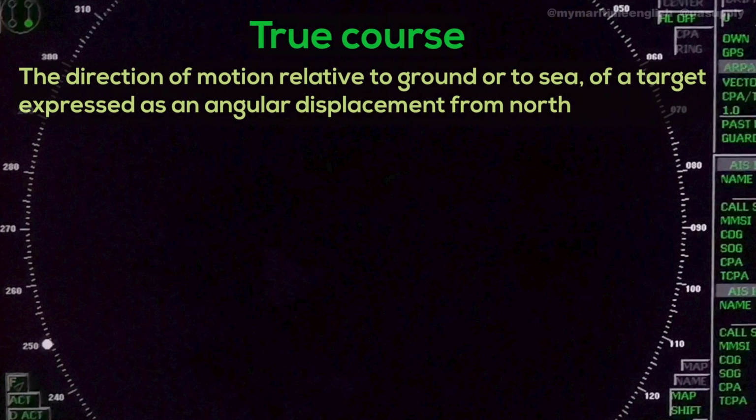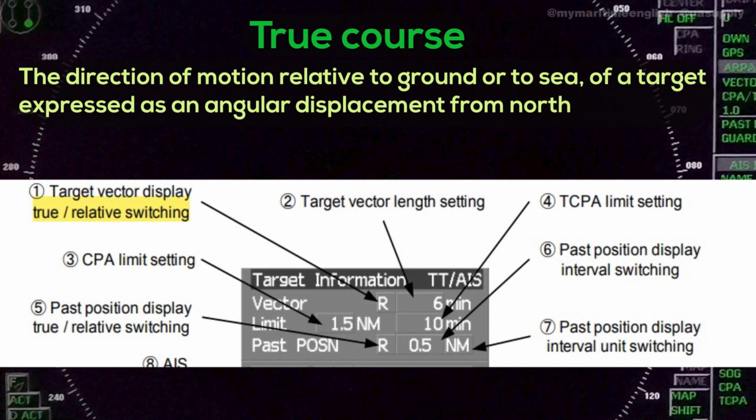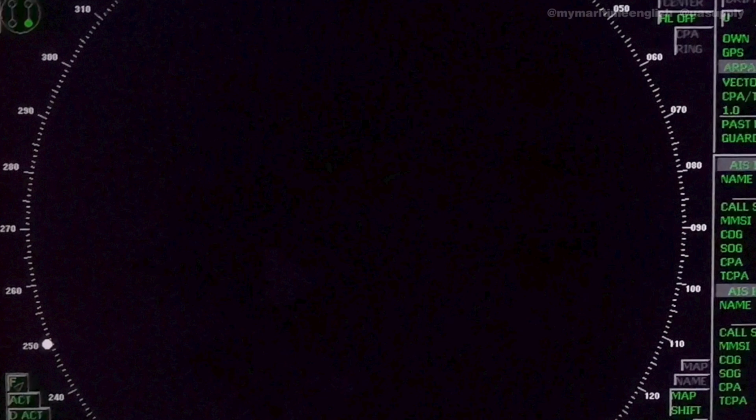True course. The direction of motion relative to ground or to sea of a target expressed as an angular displacement from north. True speed.